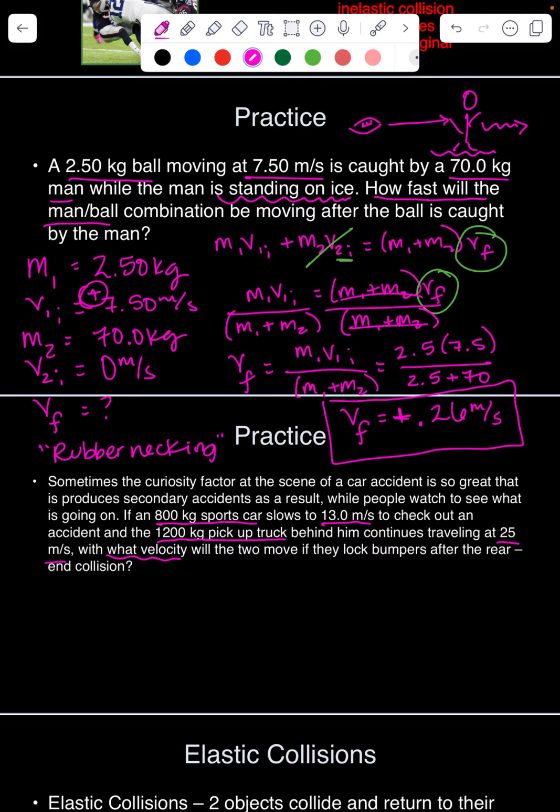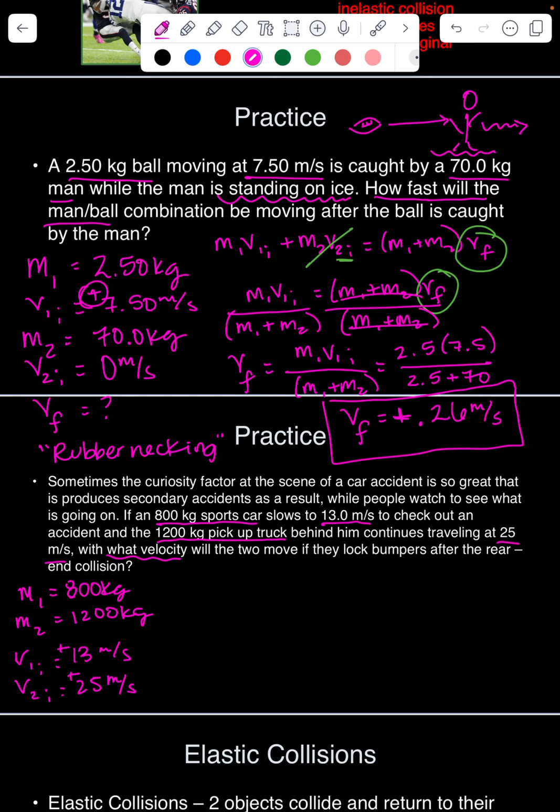All right, so we know that we have two different objects. Our sports car is our first one. So M1 is 800 kilograms and M2 is 1,200 kilograms. Our first object, the sports car, slows down to 13 meters per second while the pickup truck continues traveling at 25 meters per second.